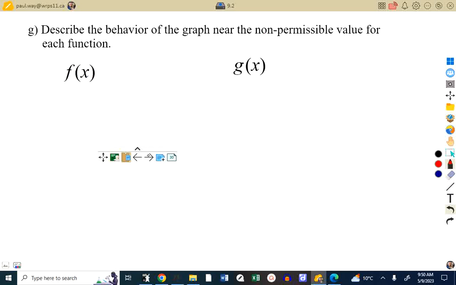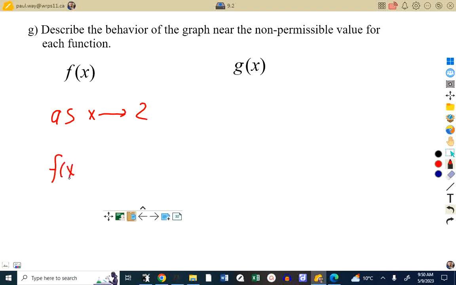Describe the behavior of the graph near the non-permissible value for each function. Well, as x approaches 2 on f of x, the function approaches positive or negative infinity.